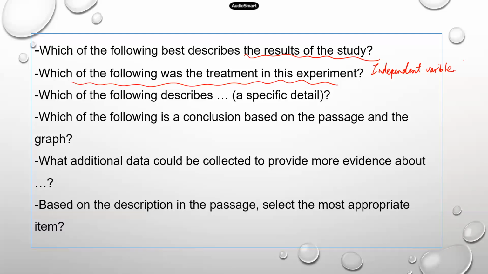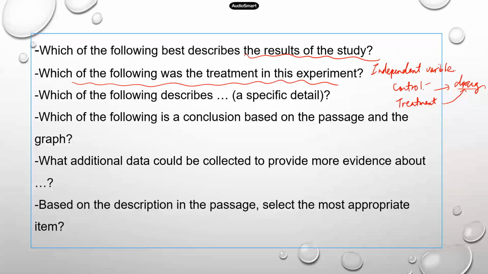For an experiment, usually you have a control group to compare to, and then you have your treatment or experimental group. For example, if you're looking at the effect of a drug on diabetes, the treatment is going to be the drug, right?